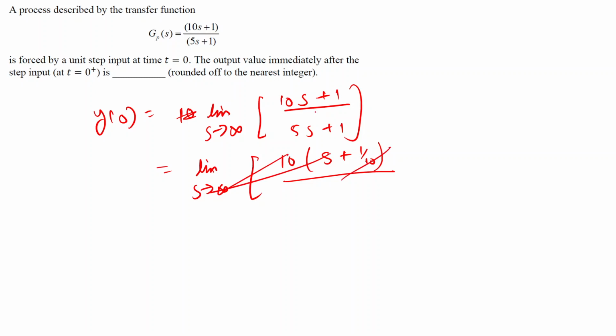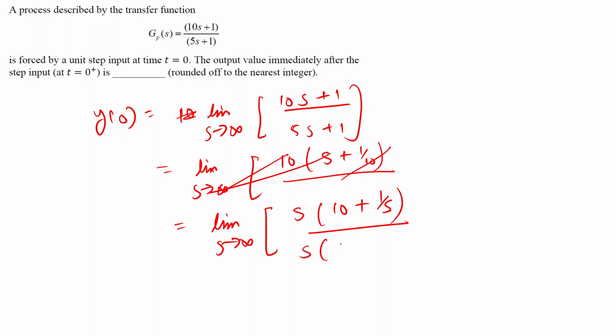We have to put the value of s as infinity, that is we can write it as 10 plus 1 upon s, and s we are taking common, 5 plus 1 upon s.